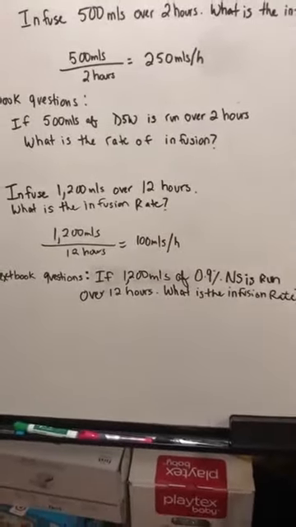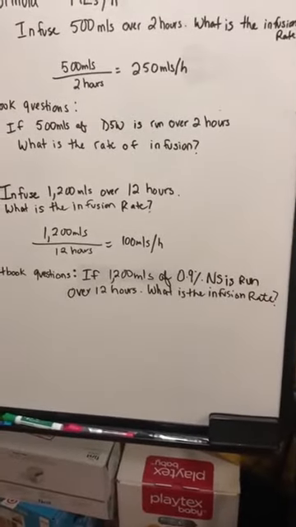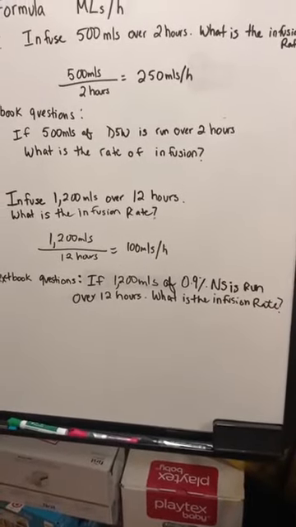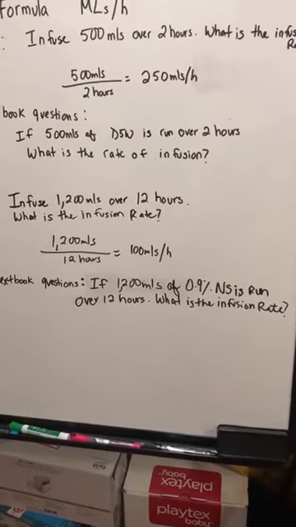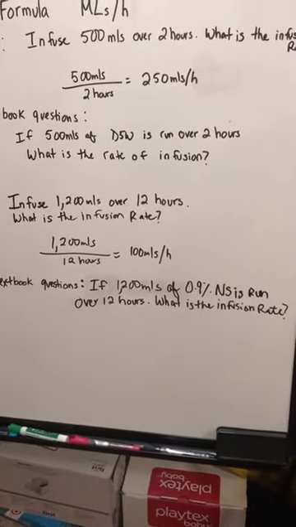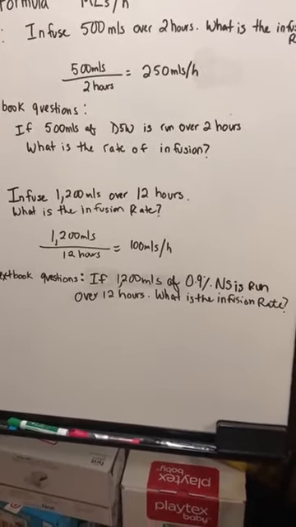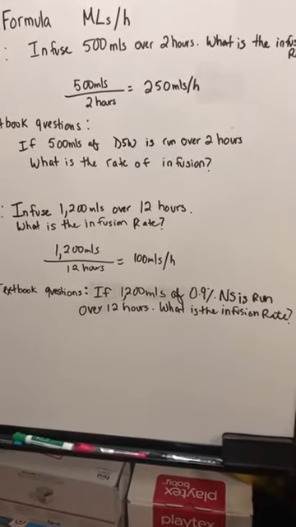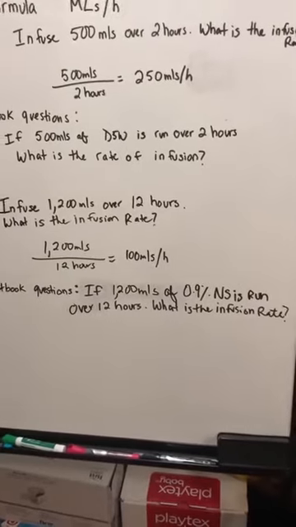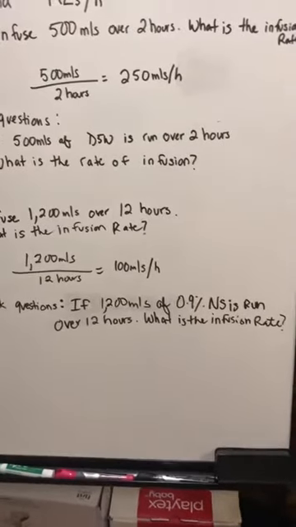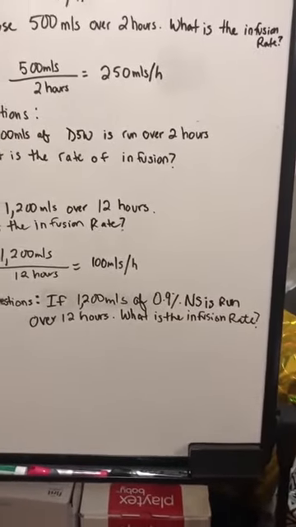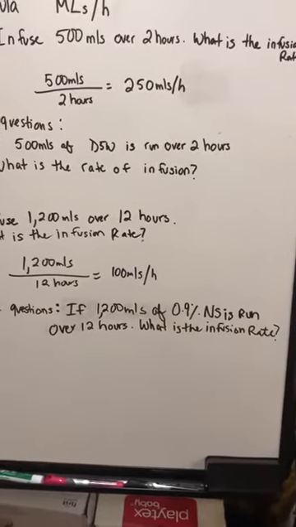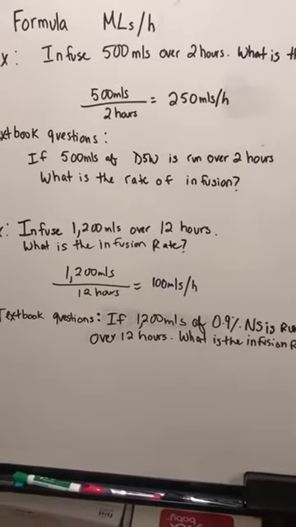Again, the textbook version of this question is going to be a lot more difficult for no reason. If 1200 mLs of 0.9% NS, which is normal saline, is run over 12 hours, what is the infusion rate? They are asking you about an infusion rate, which means this 0.9% NS has absolutely nothing to do with the question.